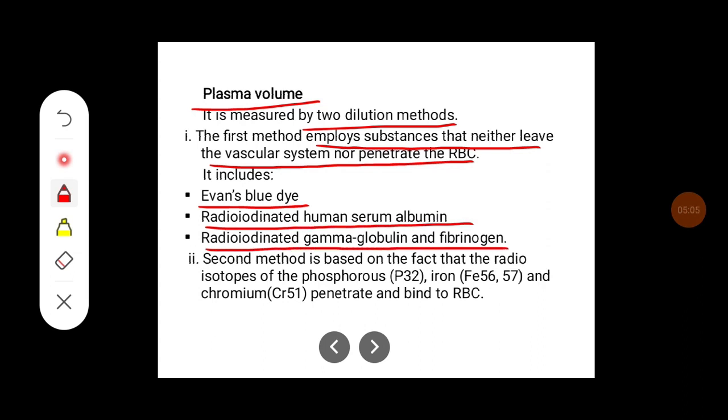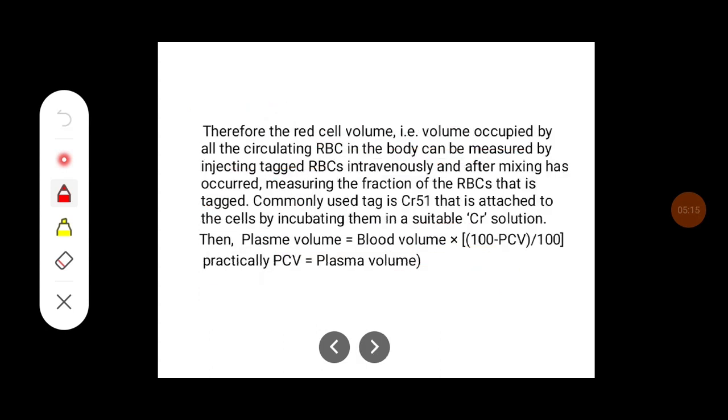The second method is based on the fact that the radioisotopes of phosphorus, iron, and chromium penetrate and bind to RBC. Therefore, the red cell volume, that is the volume occupied by all the circulating RBC in the body, can be measured by injecting tagged RBC intravenously, and after mixing has occurred, measuring the fraction of RBCs that is tagged.